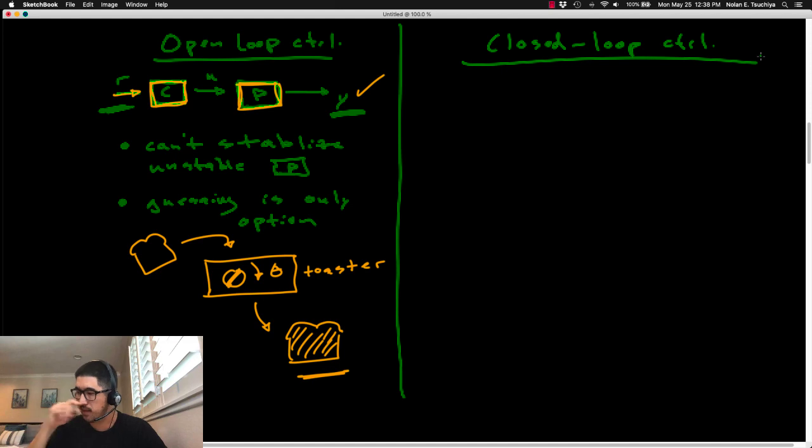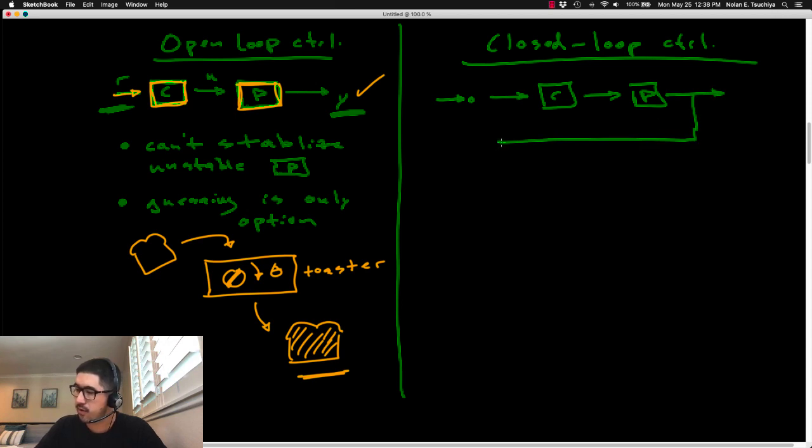Now this is basically what we've already been discussing. For closed loop control, you've got your controller and your plant, but you also have a feedback path.